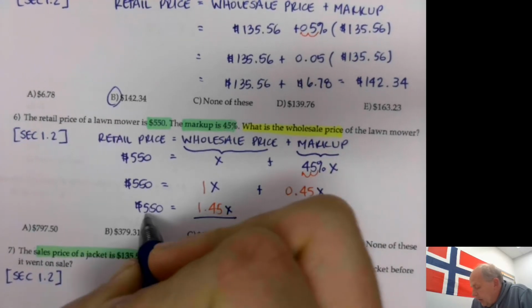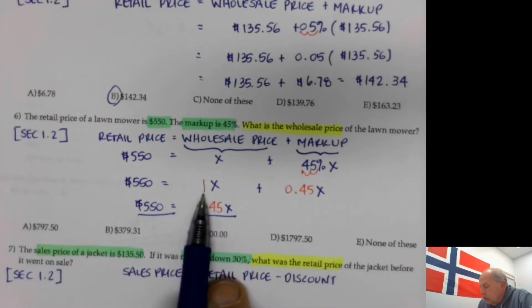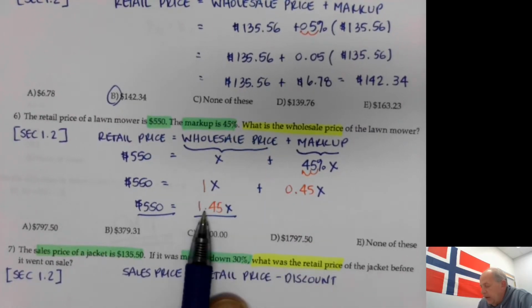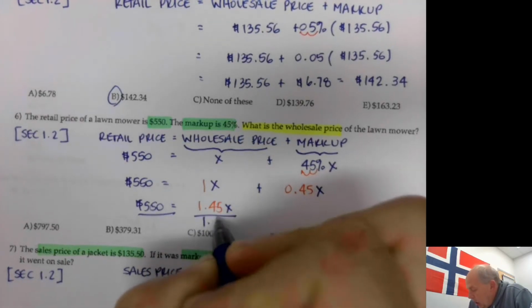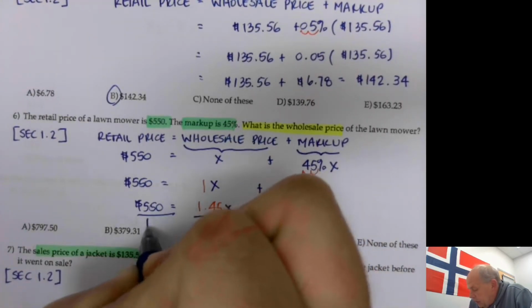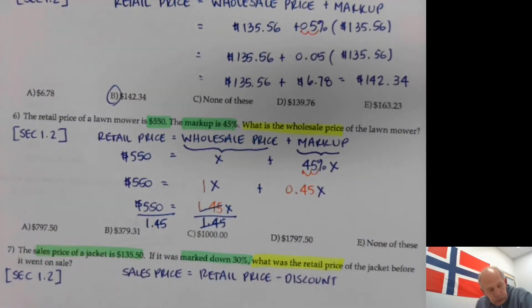I'm going to divide, and where did that 1.45 come from? I added those two terms. 1 plus 0.45 is 1.45, and the x is a like term. So I'm going to divide both sides by 1.45 to solve for x.